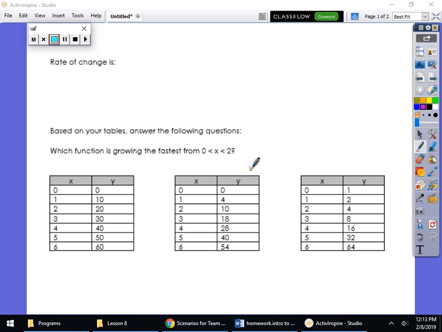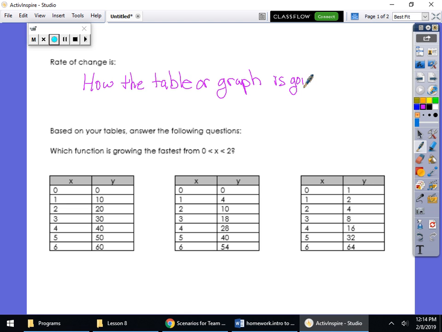All right, thank you. So today we're going to be looking at the rate of change. All that the rate of change is, is how the table or graph is going up or down over an interval, so over a time period.